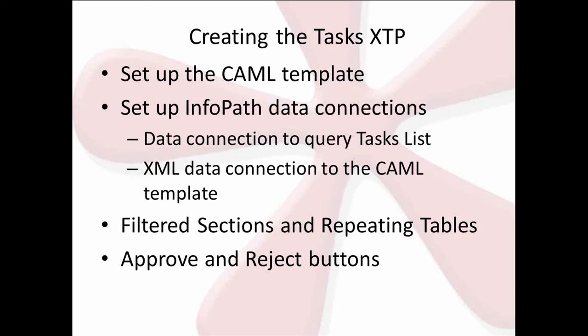And we've also designed this task XTP to have sections and repeating tables that are filtered to show some tasks that are pending and also tasks that are completed. It also has approve and reject buttons. If you approve the task, the list item in the task list will change status to approved, and if you reject it, the status will change to rejected.